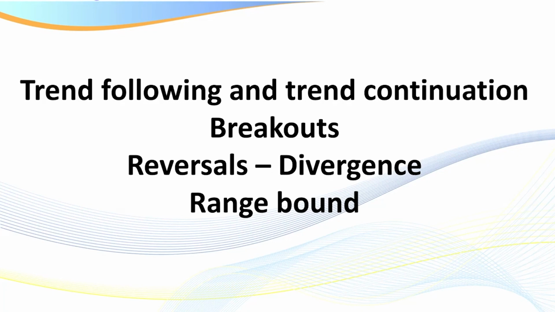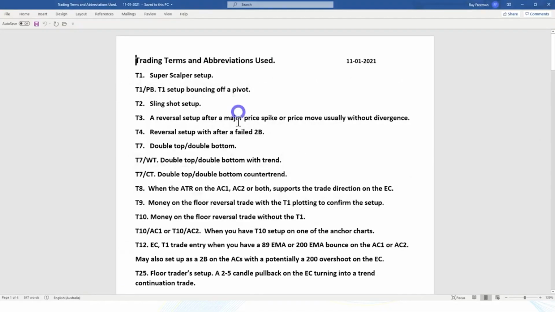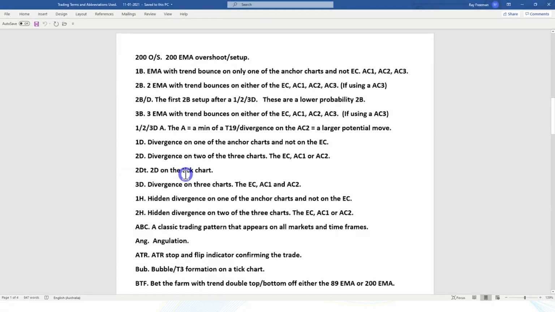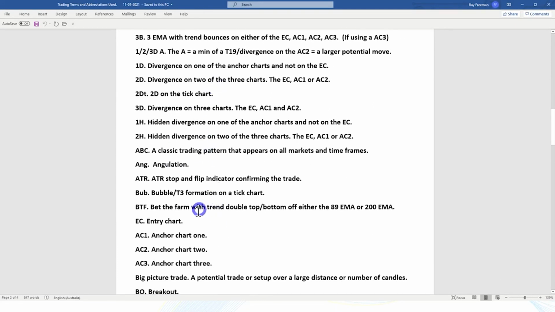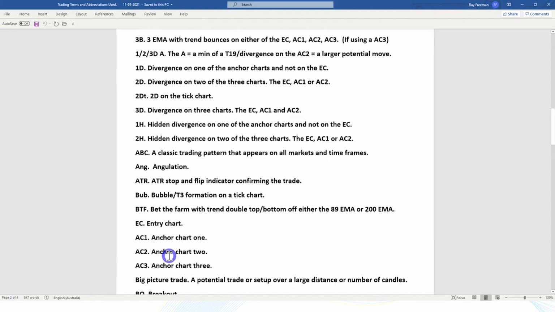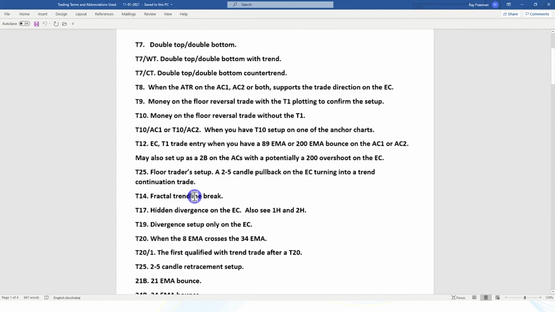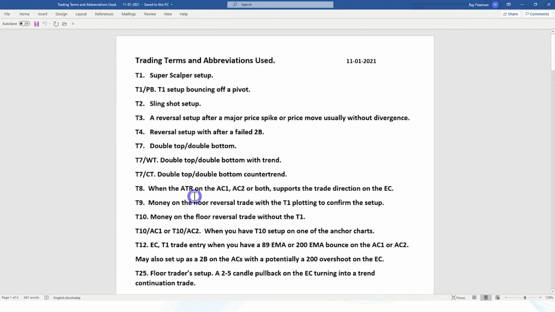When you become a member, and we actually go through this in the live coaching sessions, as you can see here, there's a ton of different setups. Let me assure you, you don't have to learn all of these. In fact, you focus on only 1 or 2 trend following strategies to begin with, and we build from there.